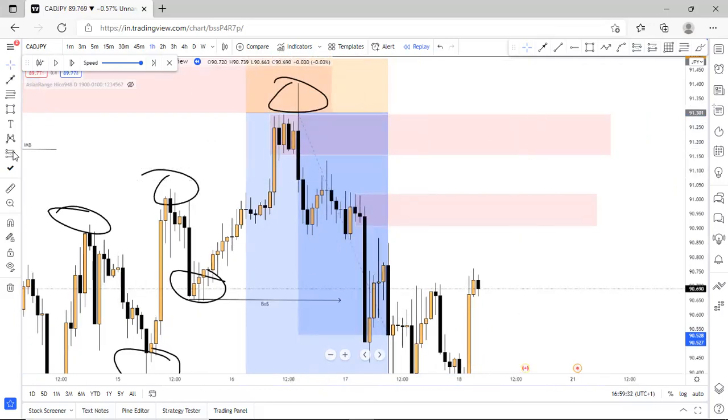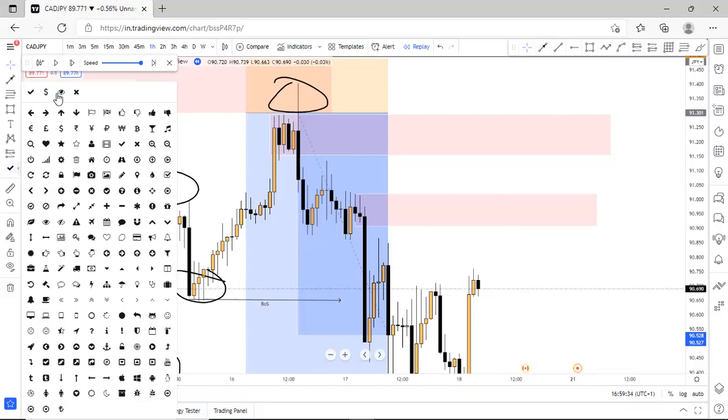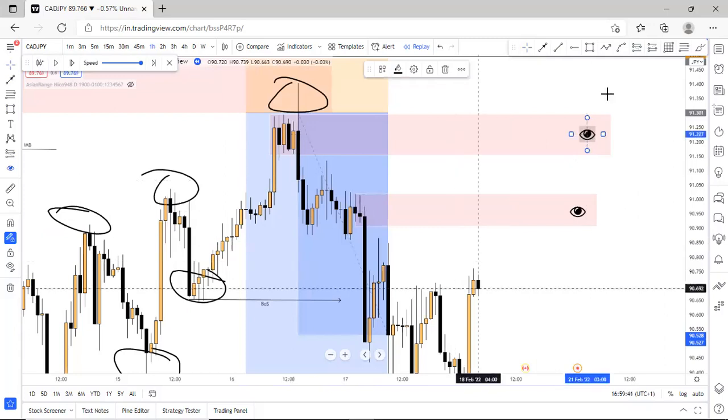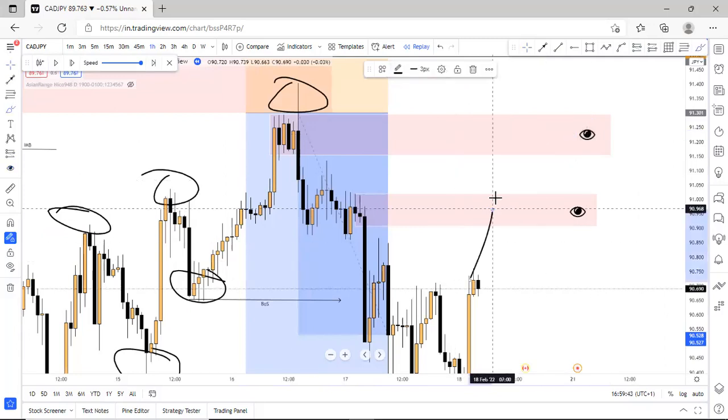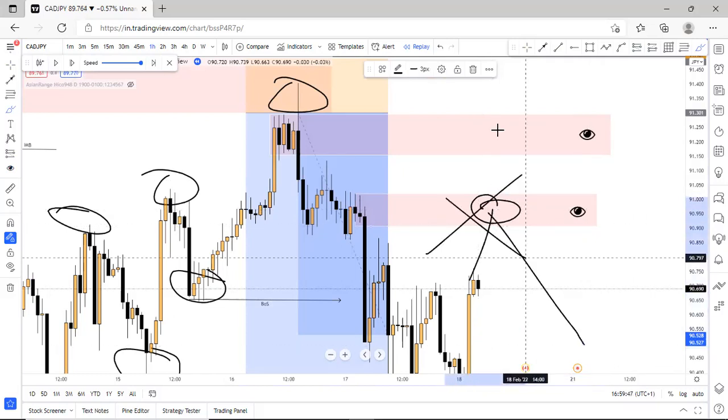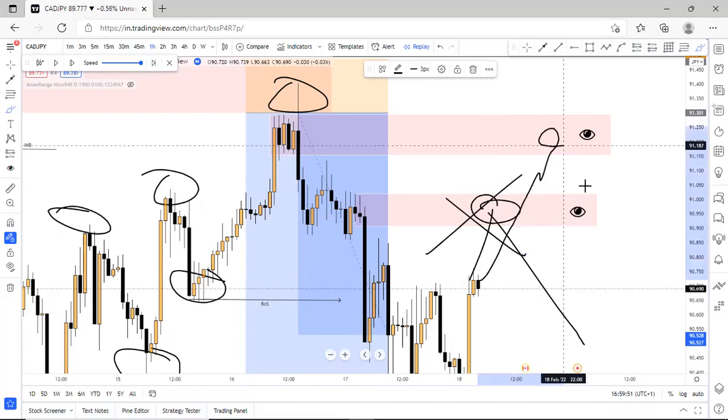So on this time frame, we can encounter situations like this when we are not sure of which zone price is going to push back to. Maybe this zone is going to hold, then push down, or this zone won't hold and price will push up into this zone before going down.